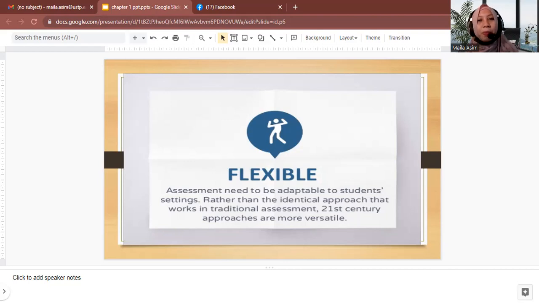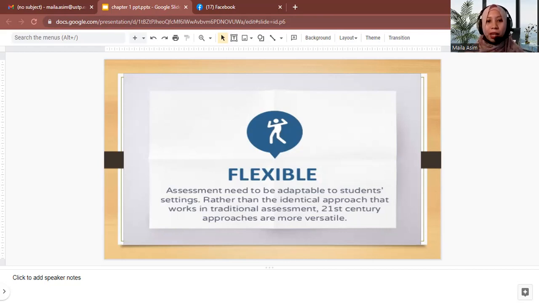So example, if the students inside your classroom are slow learners or fast learners, nakay kaugalingon nimo or nakay nahunaan na dapat na assessment tool or assessment technique para mas dali sila makasabot-tanan. Or if some of your students have disabilities, let's say for this situation, it would be more difficult for you to have the assessments.